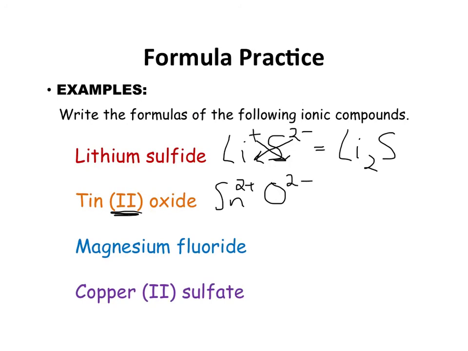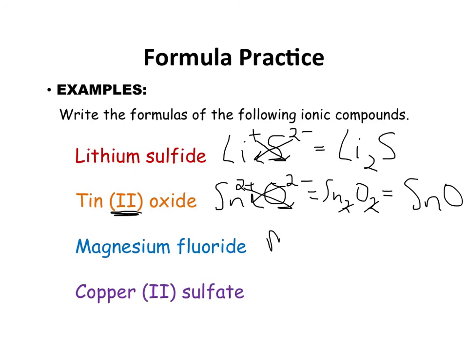So we wrote the symbols, we wrote the charges, and now we crisscross. So tin gets a 2 from the oxygen, and oxygen gets a 2 from the tin. However, you can simplify these. A 2 and a 2 simplify. They cancel each other out. So the formula of tin(II) oxide just ends up being SnO, 1 to 1. And you don't write the ones. So there was a good example of where you needed to simplify. Symbols, charges, crisscross, simplify if you can. In this case, you can simplify. Let's do the next example.